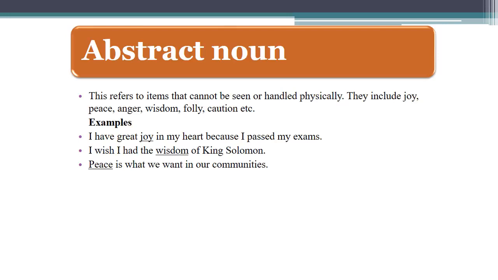Wisdom is a quality which also cannot be seen nor handled physically. Peace is what we want in our communities. Peace is a quality too. Nobody can see it, but we know when it is present or when it is absent. So all of these are abstract nouns.